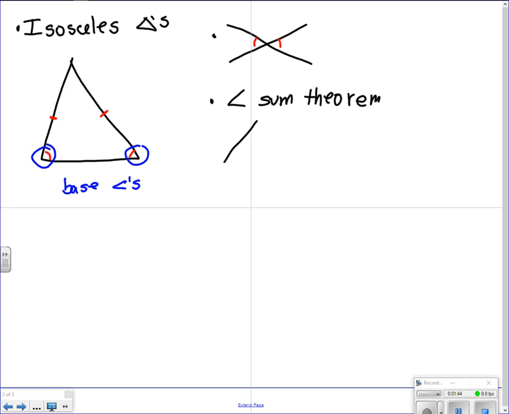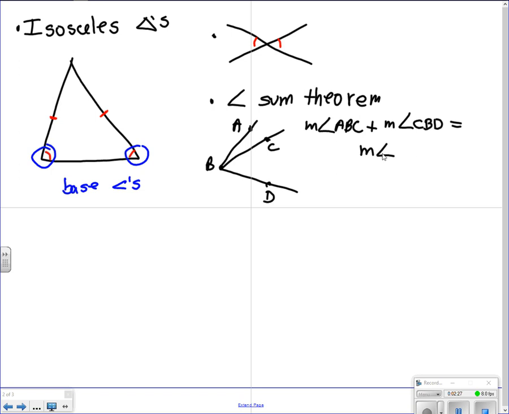If you have an angle made up of two other smaller angles, let's call these points A, B, C, and D. The measurement of small angle ABC plus the measurement of the other small angle CBD is equal to the measurement of the biggest angle, which is ABD.